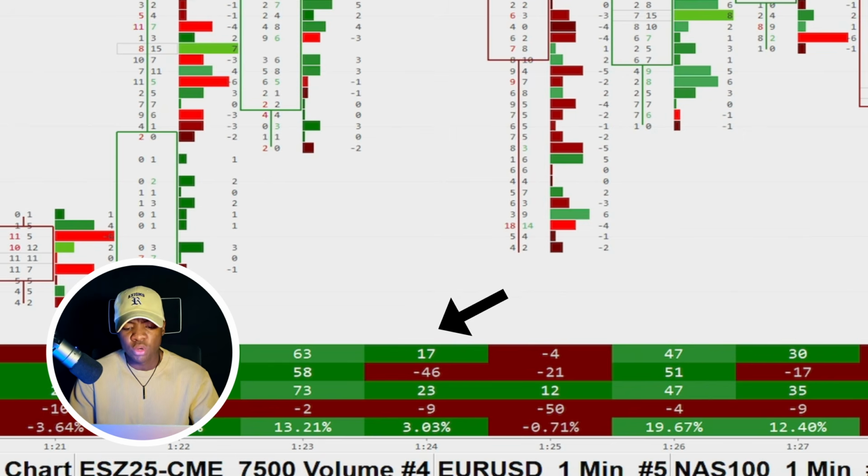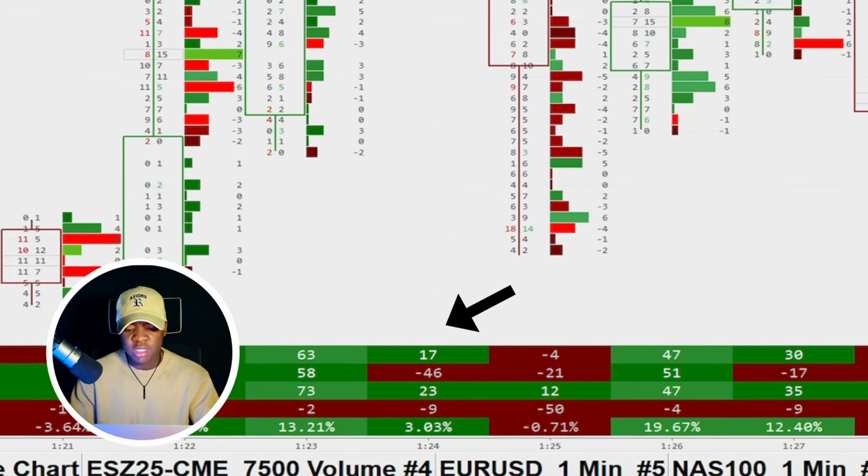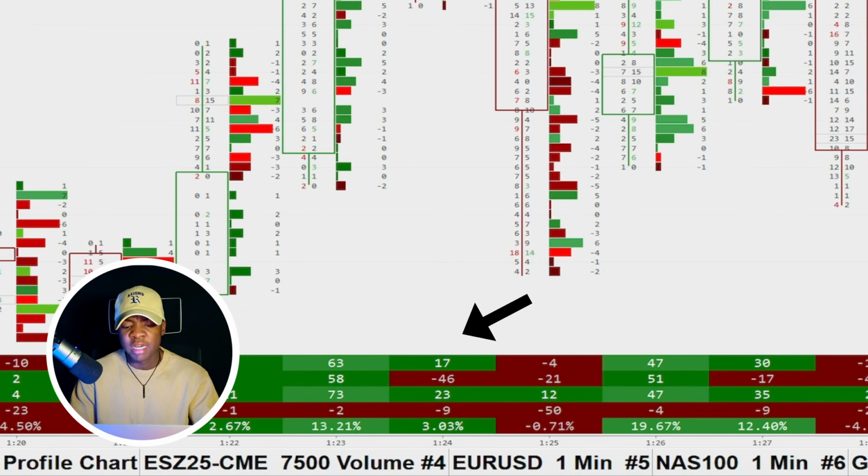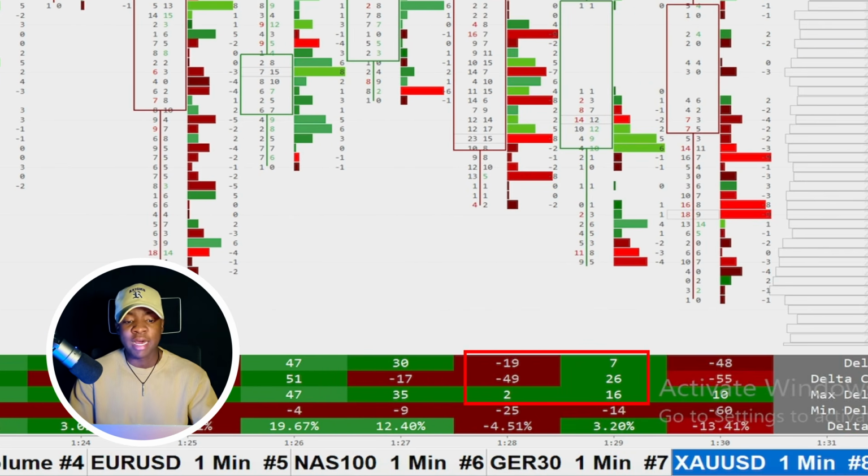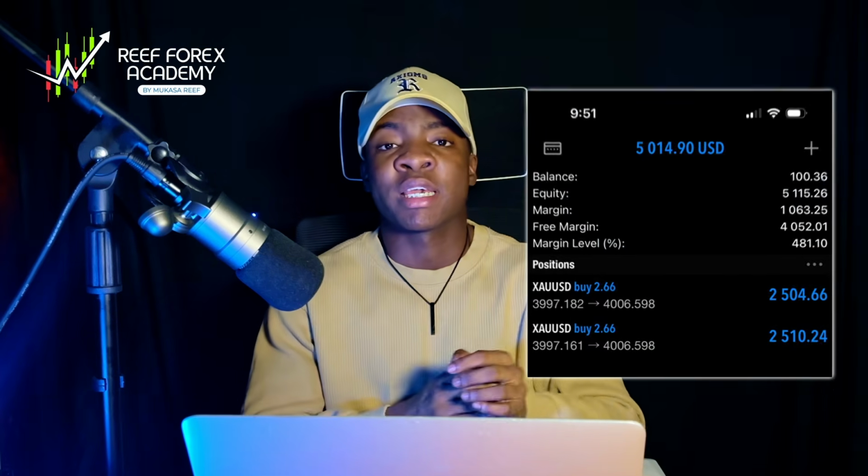We kept seeing buyers defending and gaining more strength right here. Furthermore, we saw more absorption, and with our order book heat map giving us our confirmation to buy, we bought.